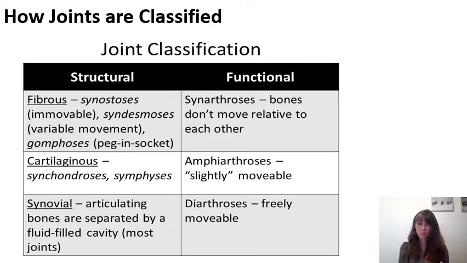Synarthrotic joints, or joints that are classified as synarthroses, mean that the bones don't move relative to one another. Amphiarthroses or amphiarthrotic joints are slightly movable, whereas diarthrotic joints, otherwise known as diarthroses, are freely movable.